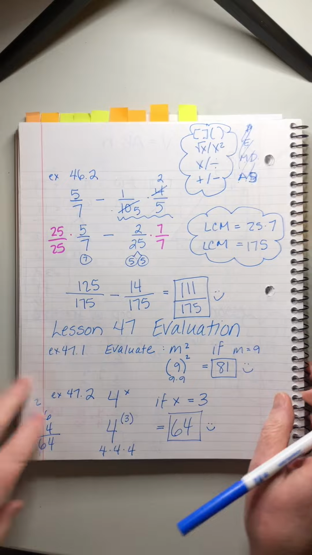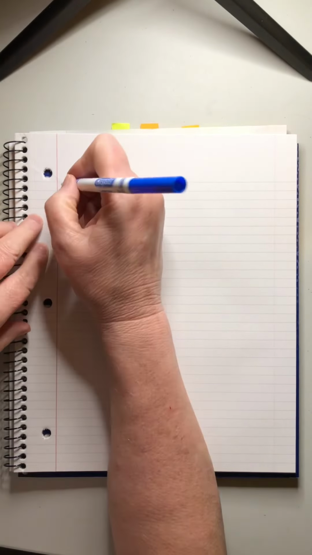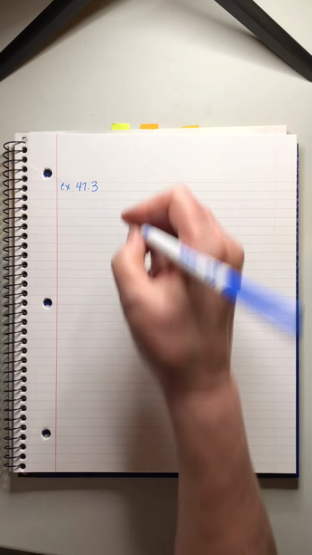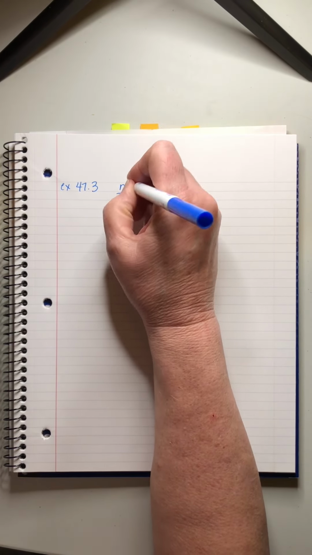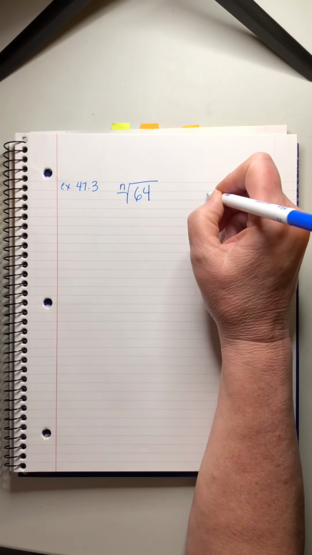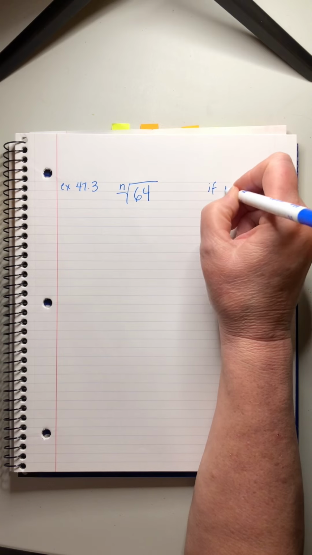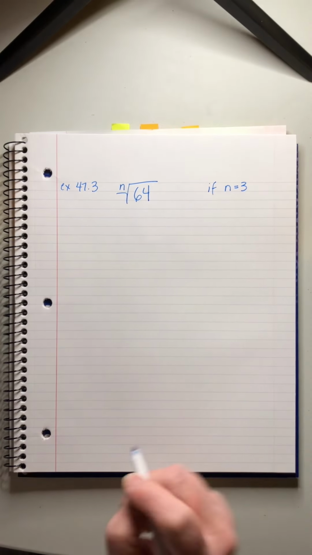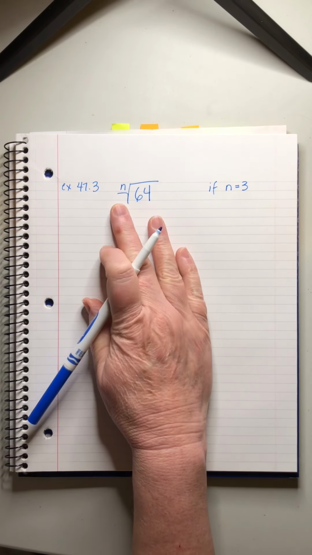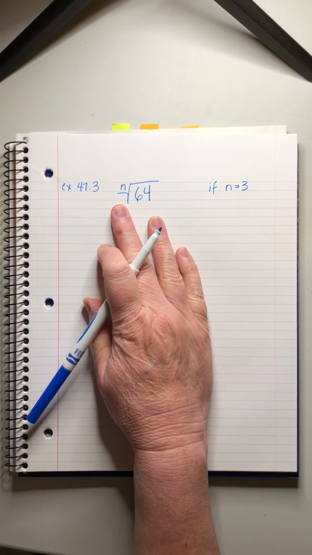Let's try 47.3. Evaluate. All right, sometimes the problem will look a little panicky when there's a letter in it, and you go, I don't know how to do that.